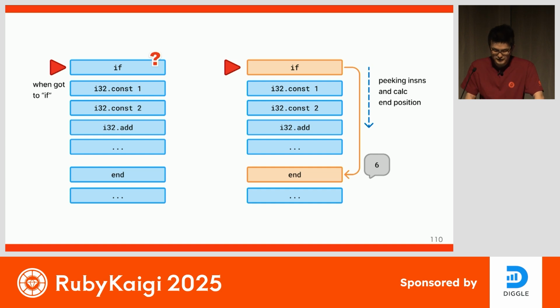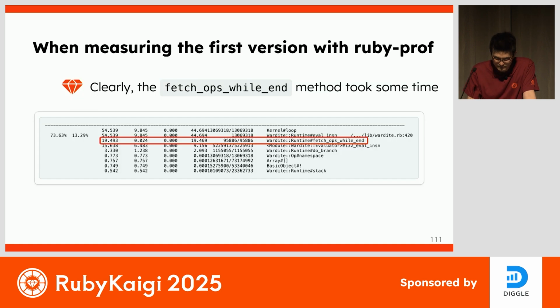This method was dynamically calculating the corresponding end position every time a block or loop instruction was encountered by peeking ahead at subsequent instructions. When I profiled the very first implementation of the Ruby version with RubyProf, this method was consuming a lot of time. Since the calculation happened inside functions called repeatedly, it would naturally be slow.